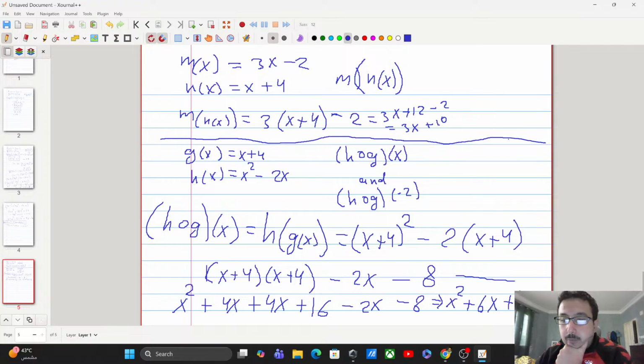This is our formula for the first part of the question.